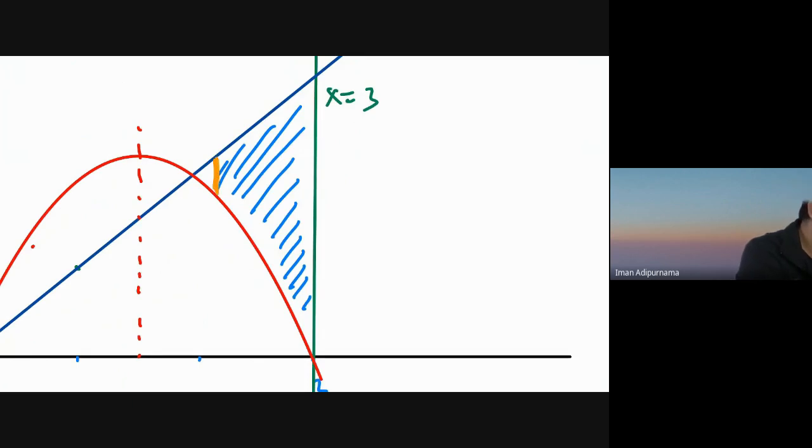Okay, just one area like that. No need to have separation. I think we just use dx to calculate the area.